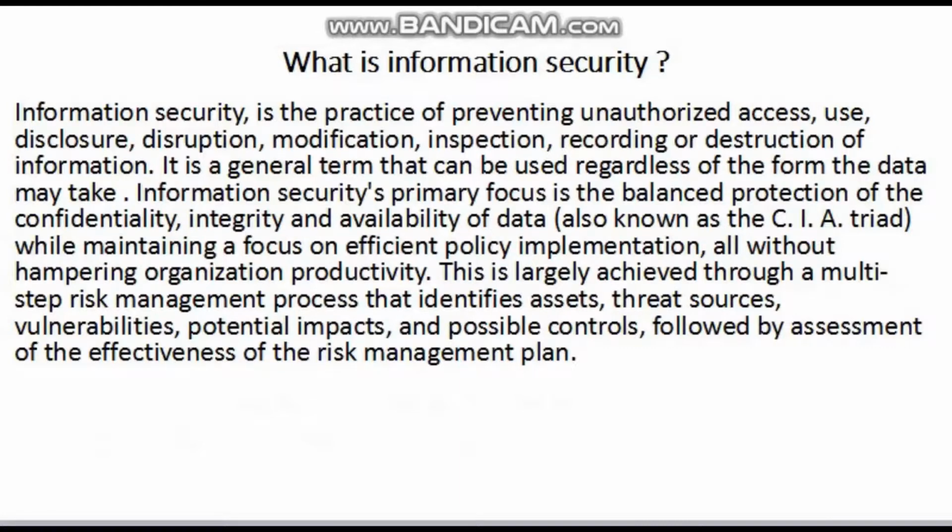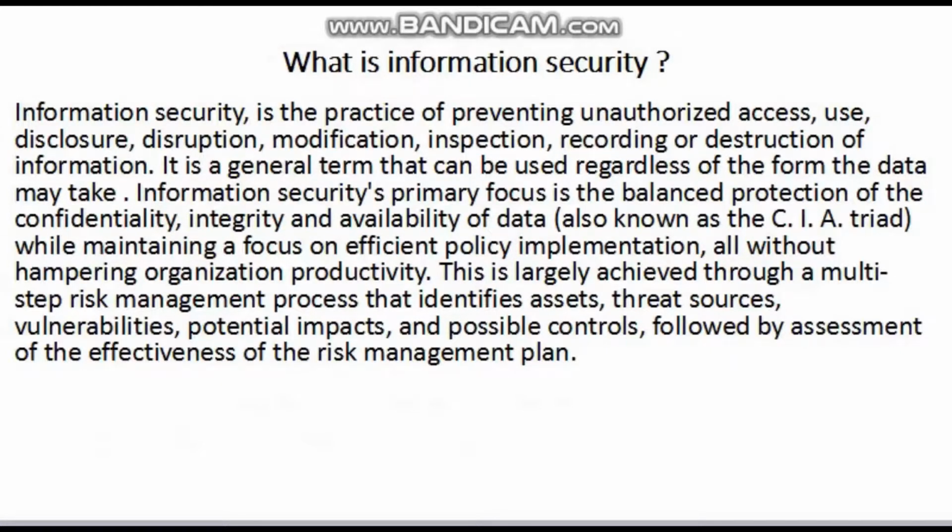Information security is the practice of preventing unauthorized access, use, disclosure, disruption, modification, inspection, recording, or destruction of information. It is a general term that can be used regardless of the form the data may take.